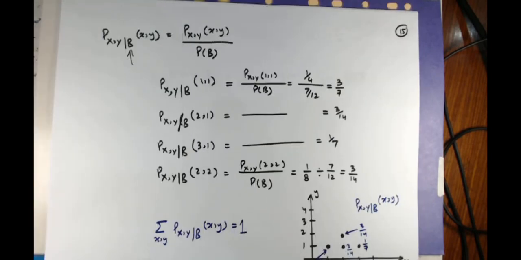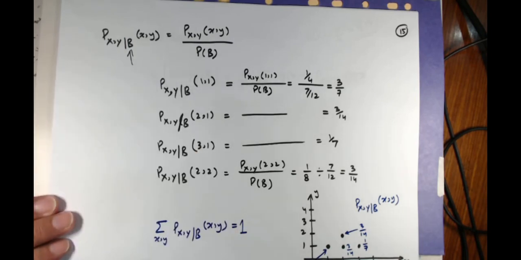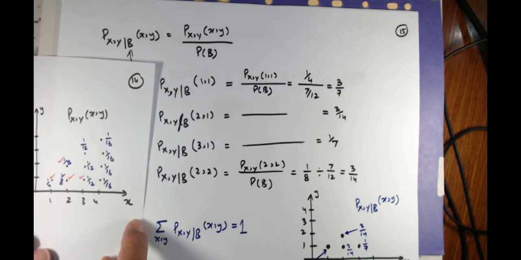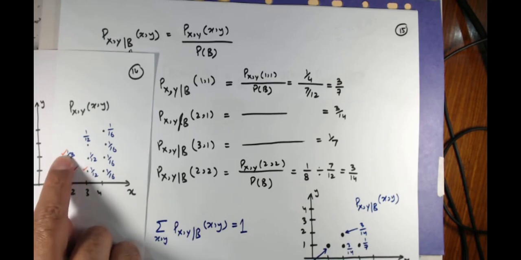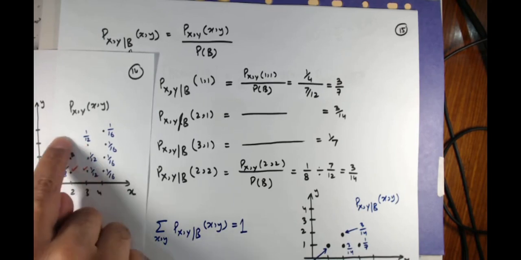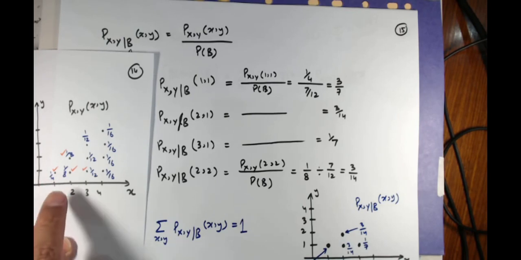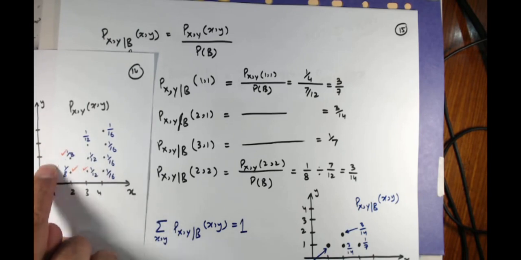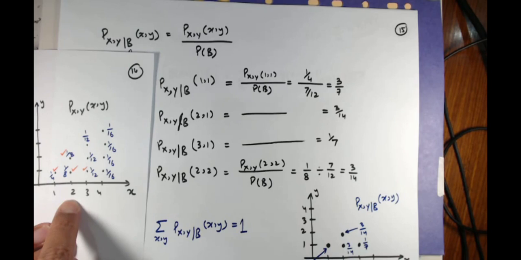So from here we moved on and saw how we can find p sub x comma y given b. So you see how many points are there which can be taken as useful points. All these 4 points. So this is your new conditional distribution points. The total probability 1 is now redistributed among these 4 points only, because this is the new reduced sample space.